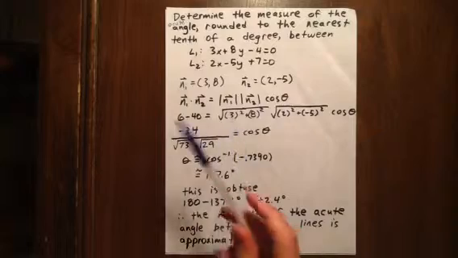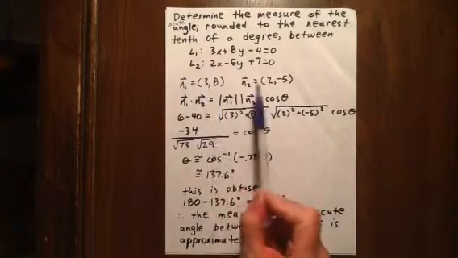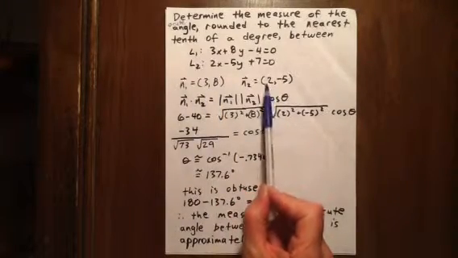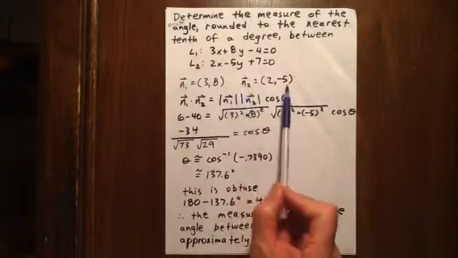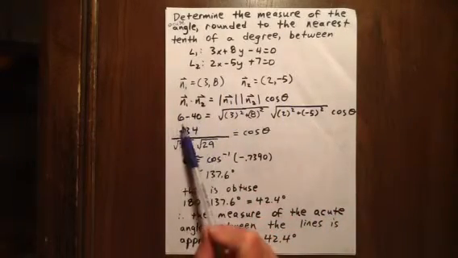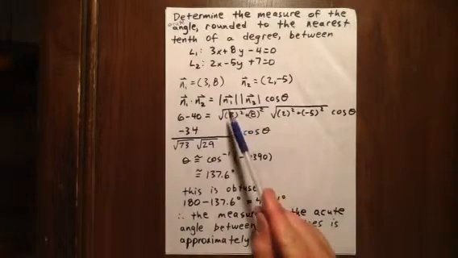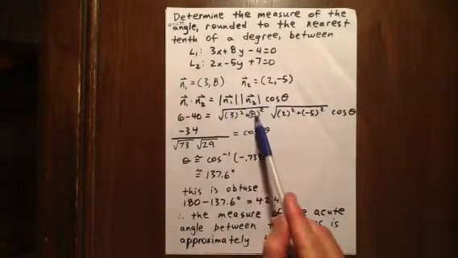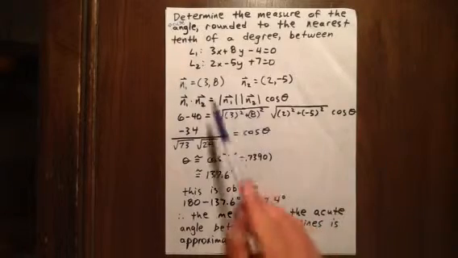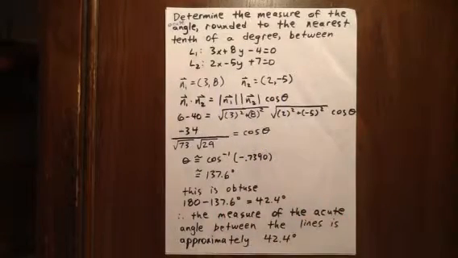Well, we're going to calculate the dot product between them by using the component method. 3 times 2 is 6, 8 times -5 is -40. So 6 minus 40 is the dot product. But the dot product is also the magnitude of the first times the magnitude of the second times the cosine of the angle in between them.